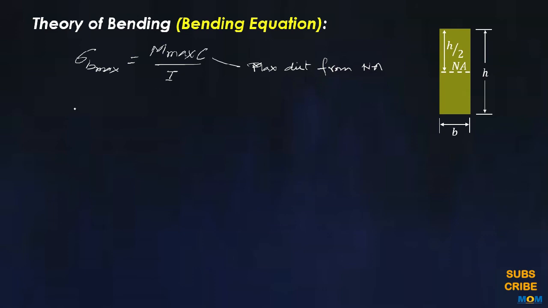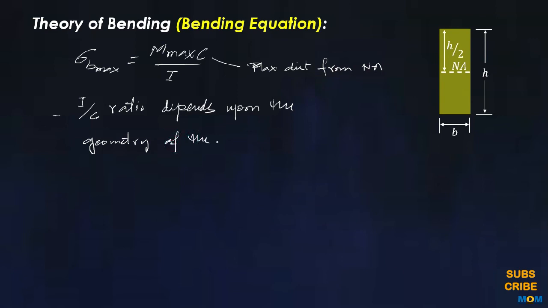Now in this expression, if we write this ratio I upon C ratio, this depends upon the geometry of the cross section of the beam.